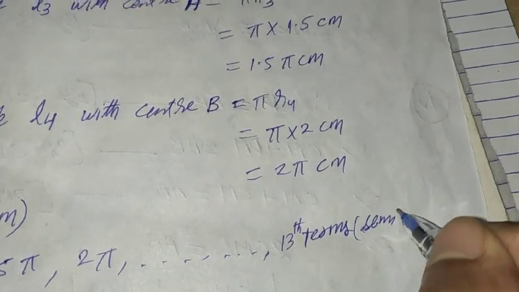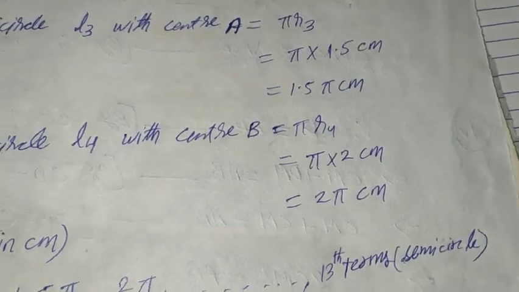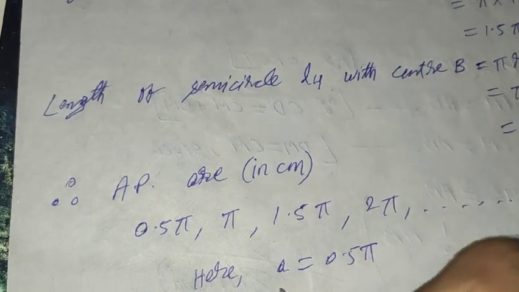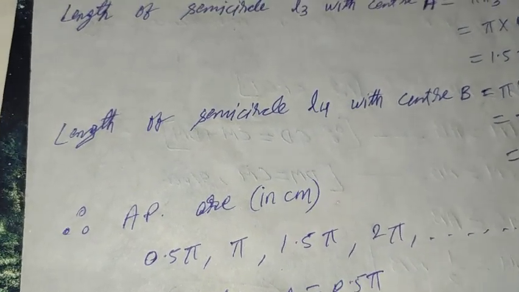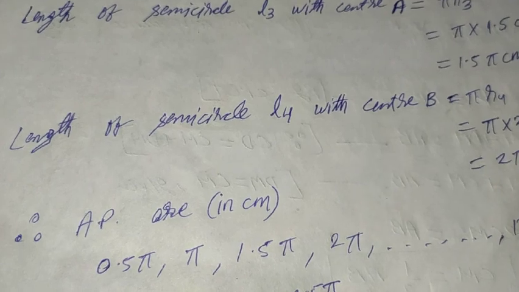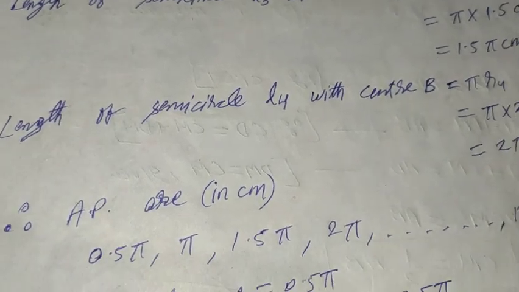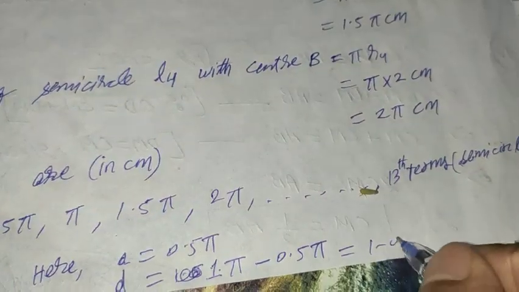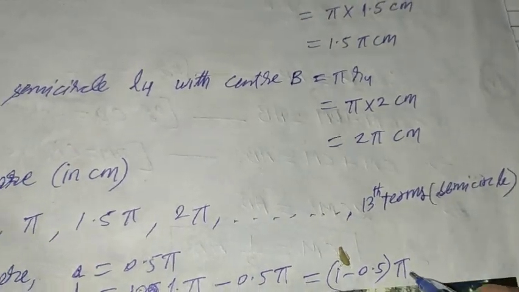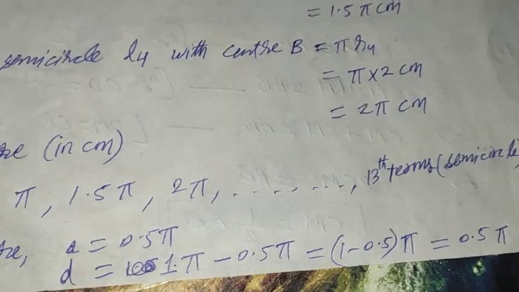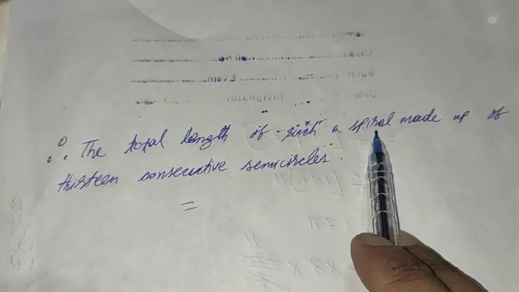Here a is equal to 0.5 pi and d is pi minus 0.5 pi. Taking pi common, 1 minus 0.5 is 0.5 pi. Therefore, the length of such a spiral made up of 13 consecutive semicircles is how much?